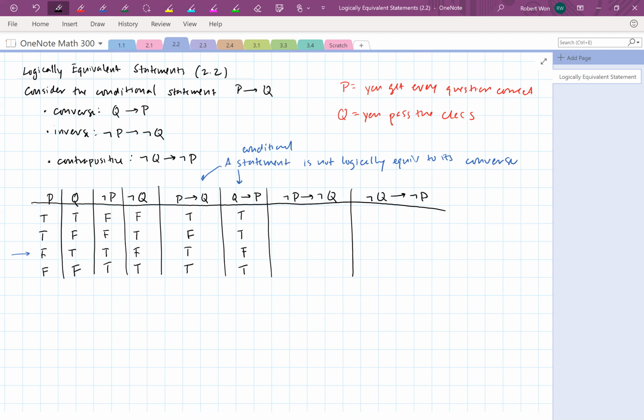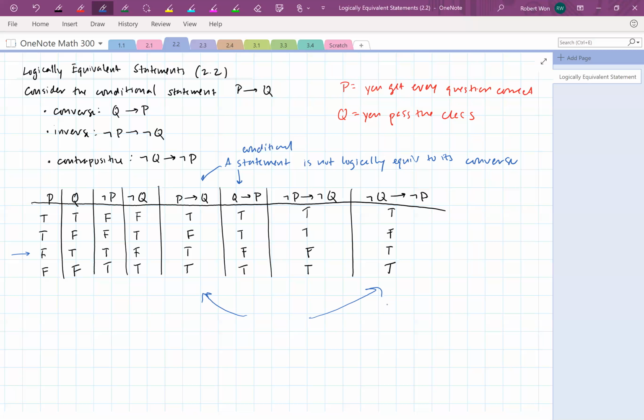If not P, then not Q is false only if not P is true and not Q is false. And if not Q, then not P, the contrapositive, is false only if not Q is true and not P is false, which is here. Okay, so what do you notice here? What you notice is that this column and this column are the same, and the 2 middle columns are also the same.